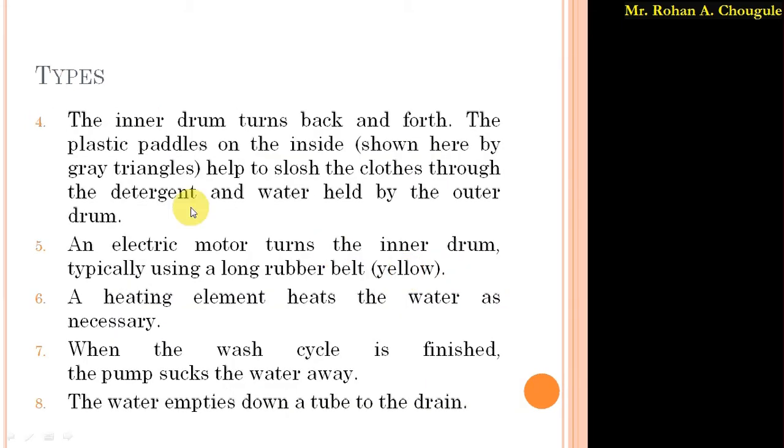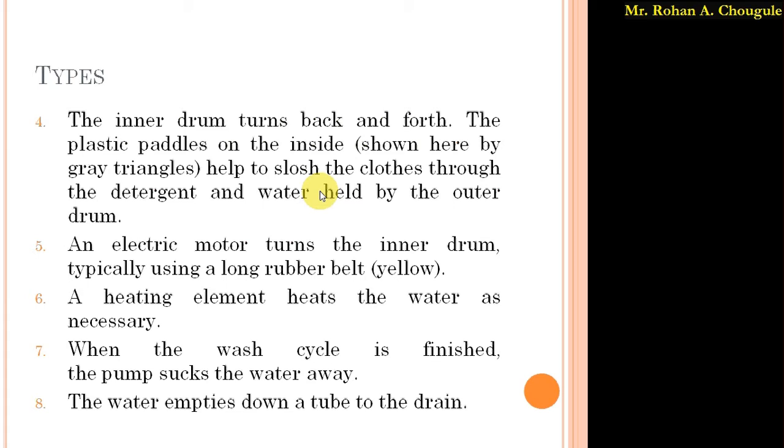Again, the next part we have is the inner drum, which turns back and forth. The plastic paddles on the inside help to slosh the cloths through the detergent and water held by the outer drum.